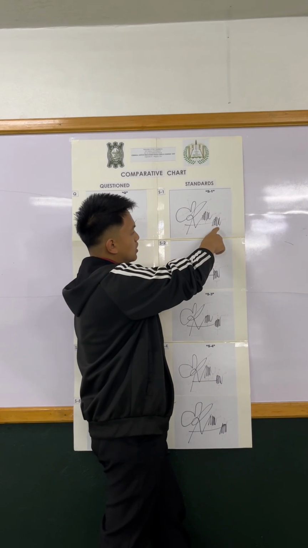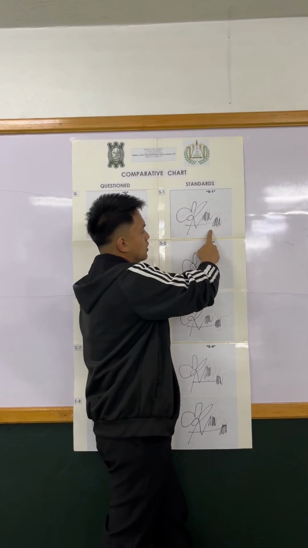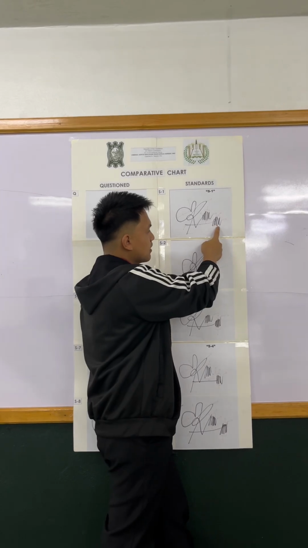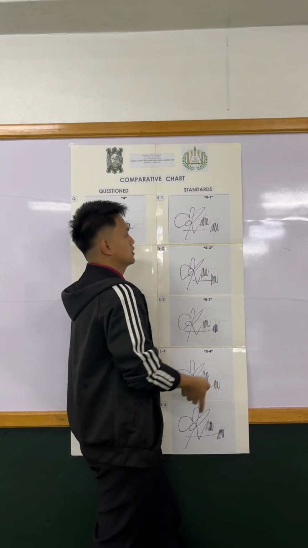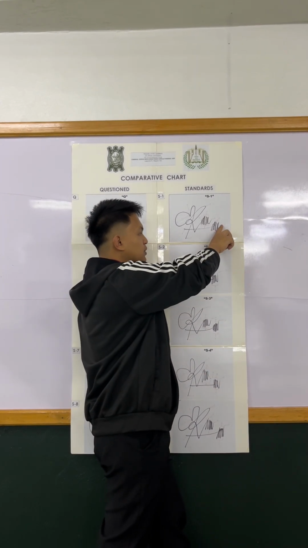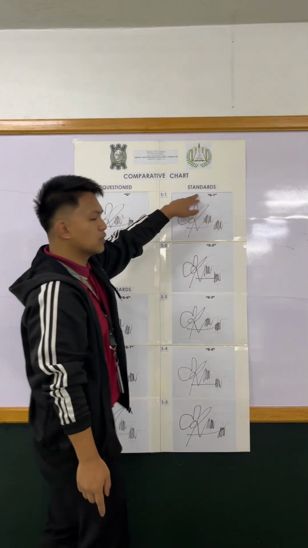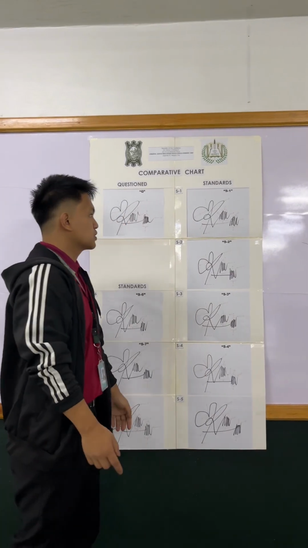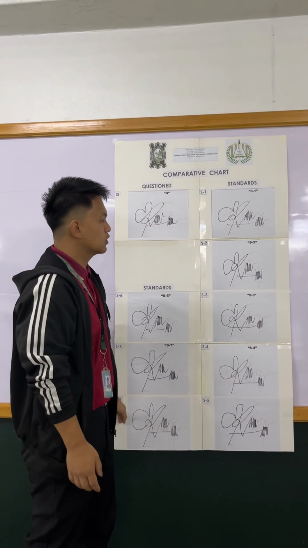Next is the foot. So if we count again, 1, 2, 3, 4, 5, 6, 7. There are 7 in total foots. Next, the terminal stroke. So the terminal stroke of the whole signature ends with a diminishing stroke. So that's all for standard document number 1.